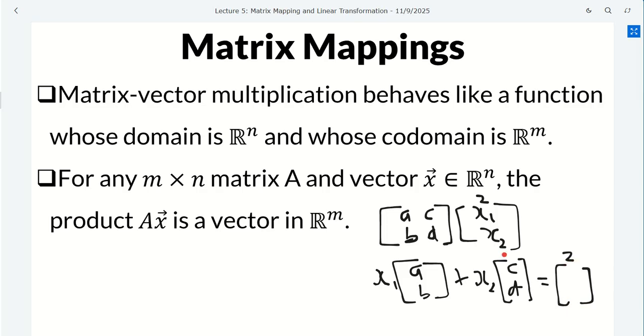So what are we doing? We are mapping this vector from this dimension or this space to a new space. So for any m by n matrix A and a vector of any dimension, the product, which is AX, is a vector in a new dimension, but it can be the same dimension.